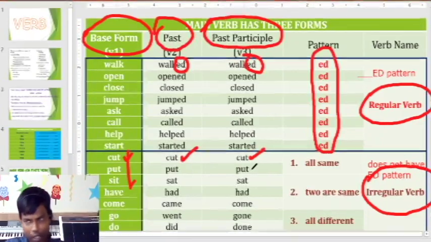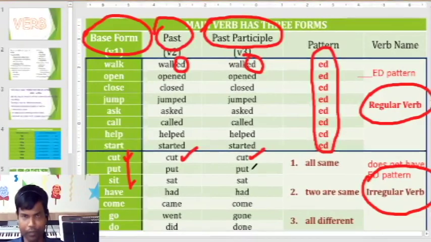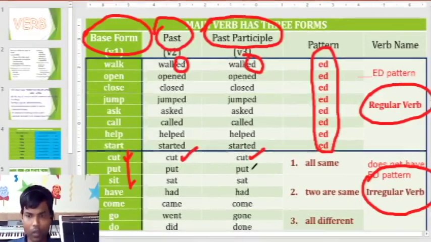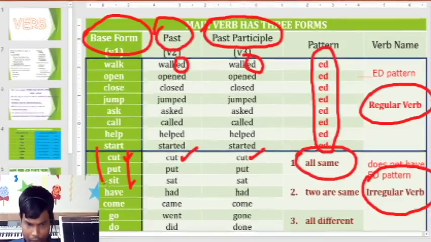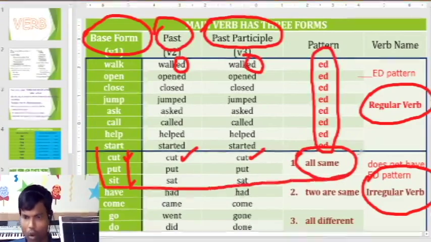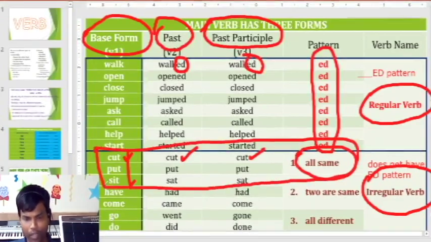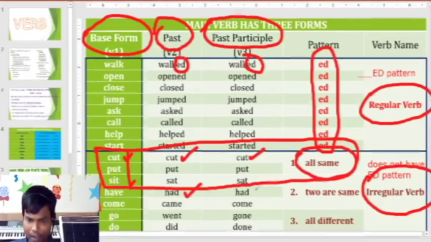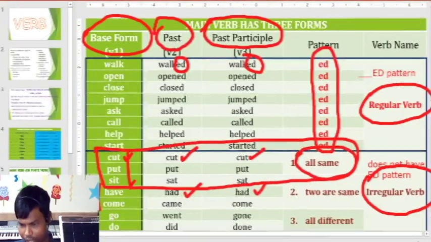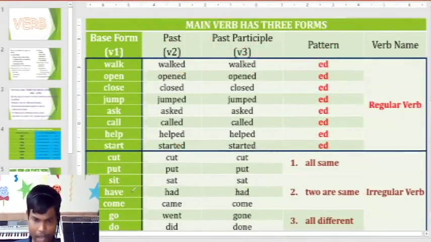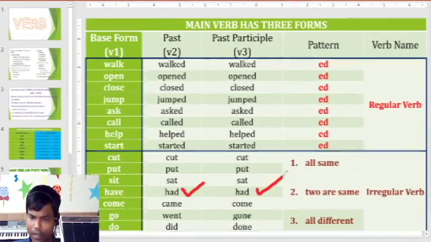See, all three are same. Now you see here have, had, had, two are same.